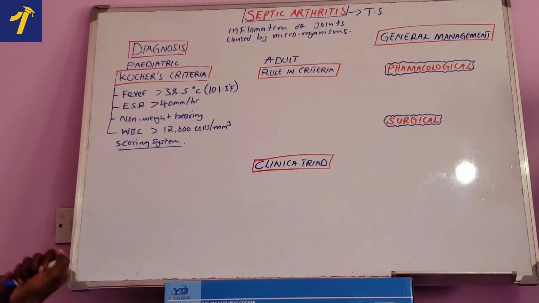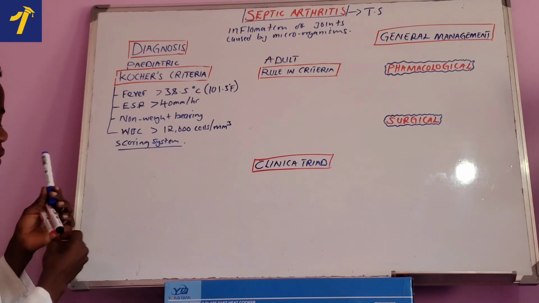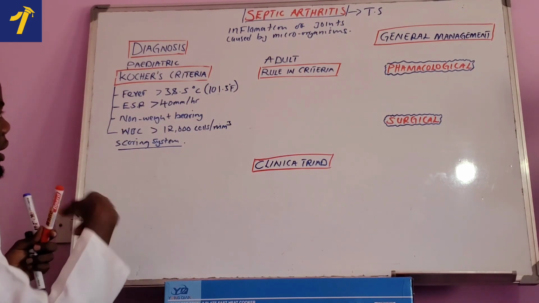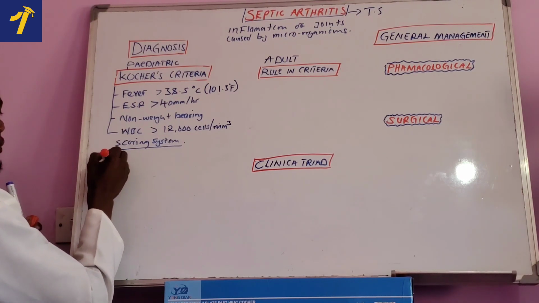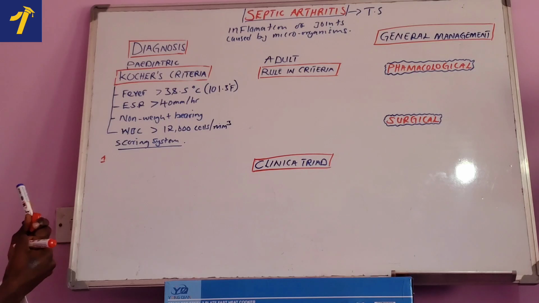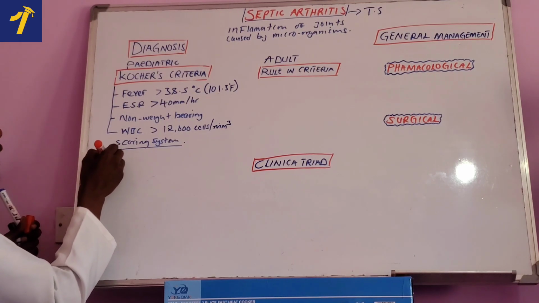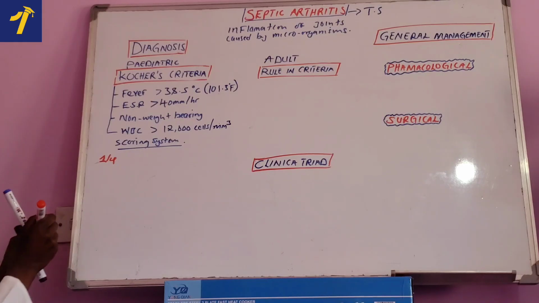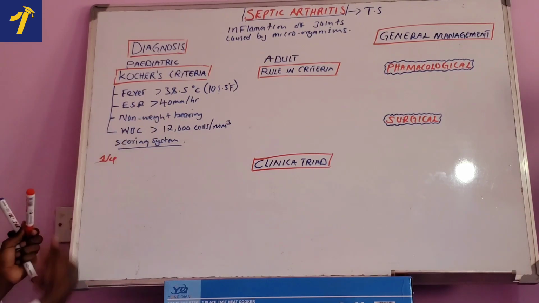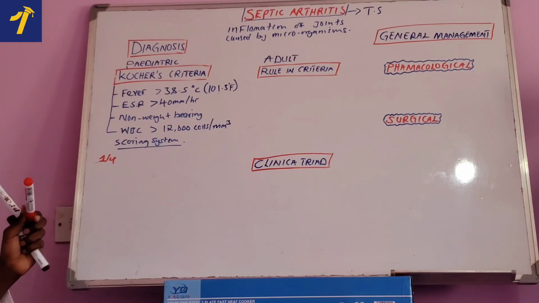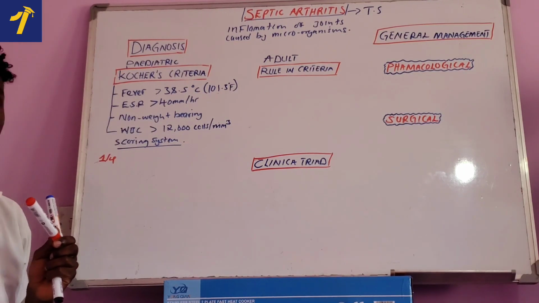Okay, so we're going to use red here. Let's say if someone is having one factor out of 4. So if someone is having 1 out of 4 factors, maybe that person is having fever, ESR, or non-weight bearing, or WBC count, one of them, then what will be the probability of suspicion of septic arthritis?